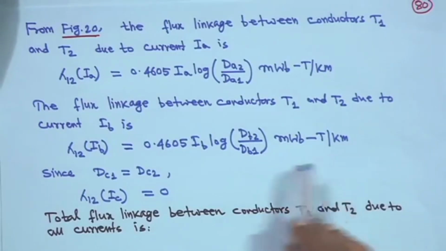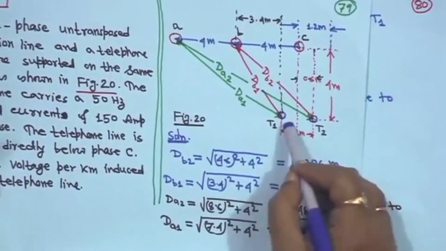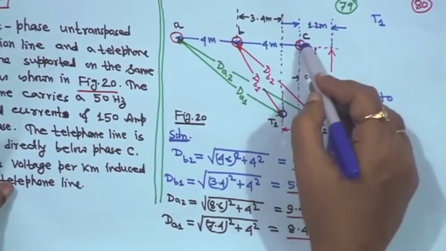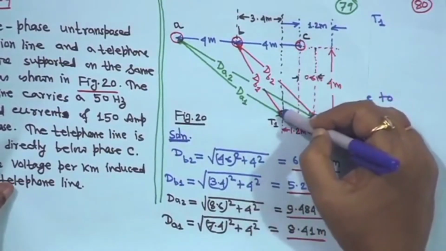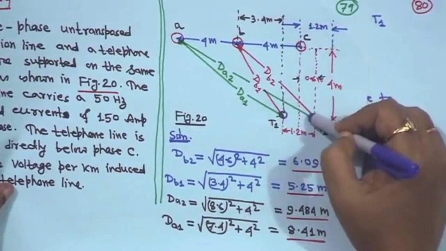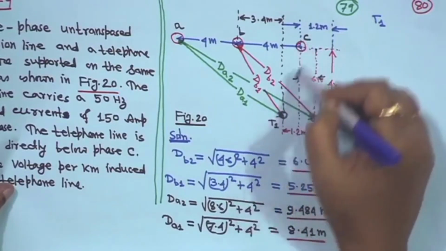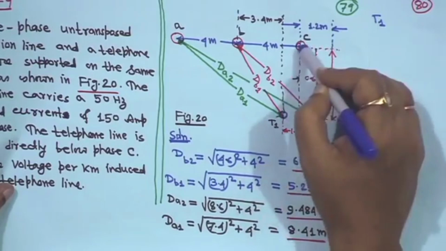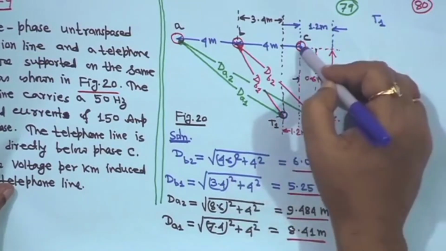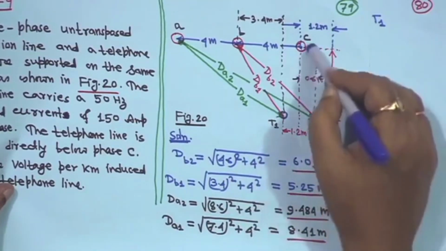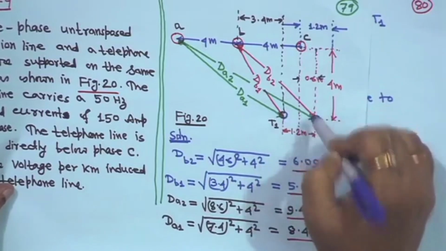Now, next one: DC1 means the distance C to T1 and C to T2 we call DC2, and these two distances are the same, right.